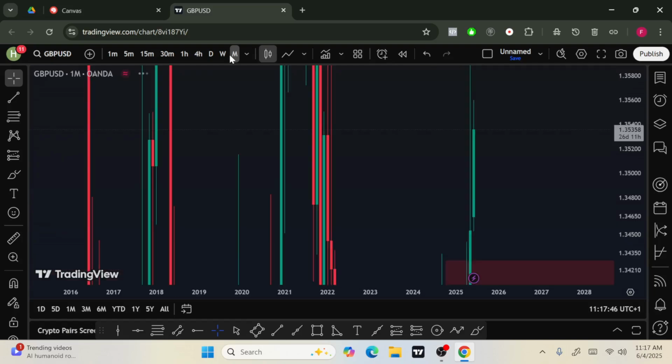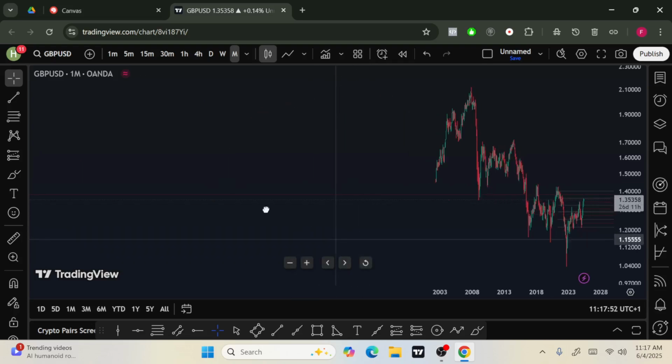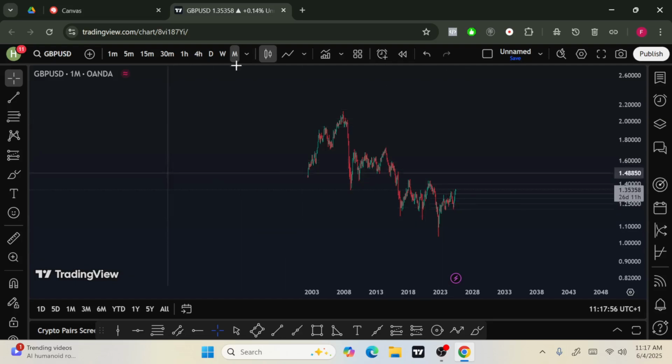Monthly or weekly time frame. Now, look at the overall sentiment of this market. What is happening? The sentiment is telling me that GBP USD is overall in a downtrend.